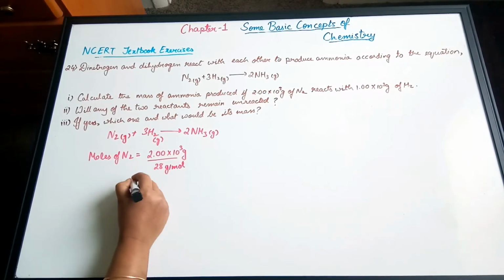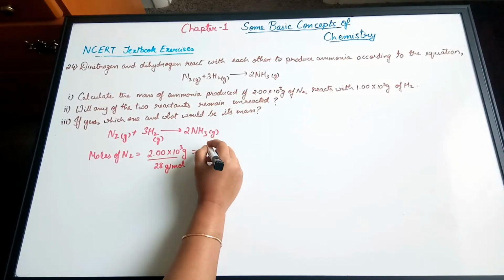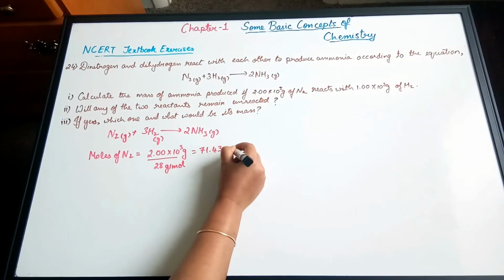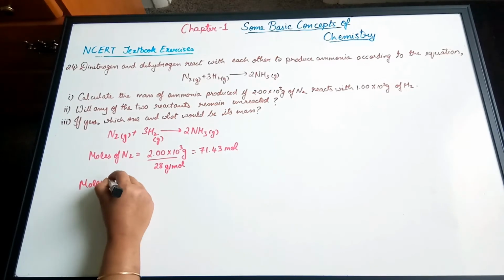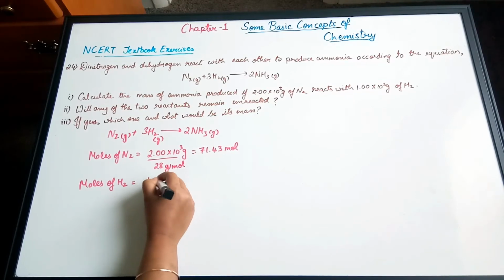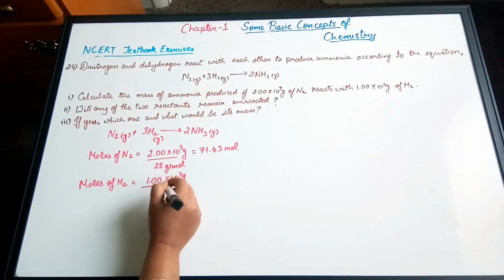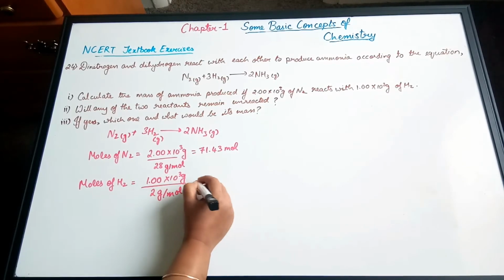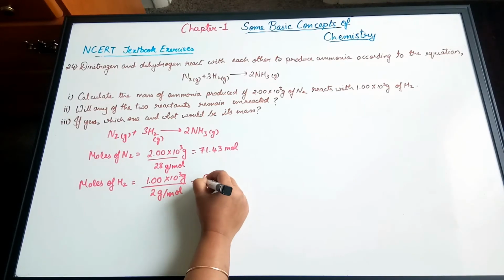So here the number of moles of nitrogen is 71.43 mole. Similarly, moles of hydrogen is calculated the same way. So here you have 1.00 into 10 to the power 3 grams divided by 2 grams per mole. This simplifies to give us 500 mole.